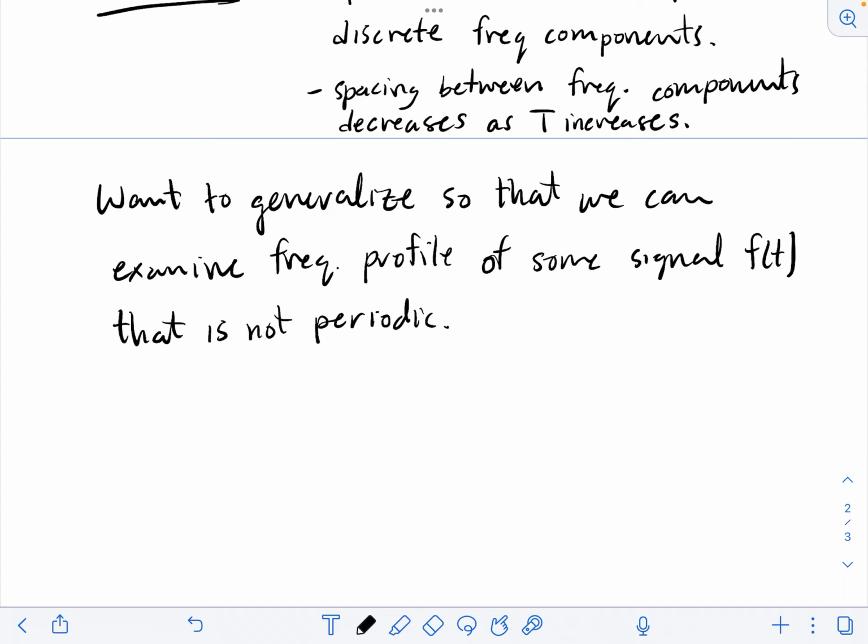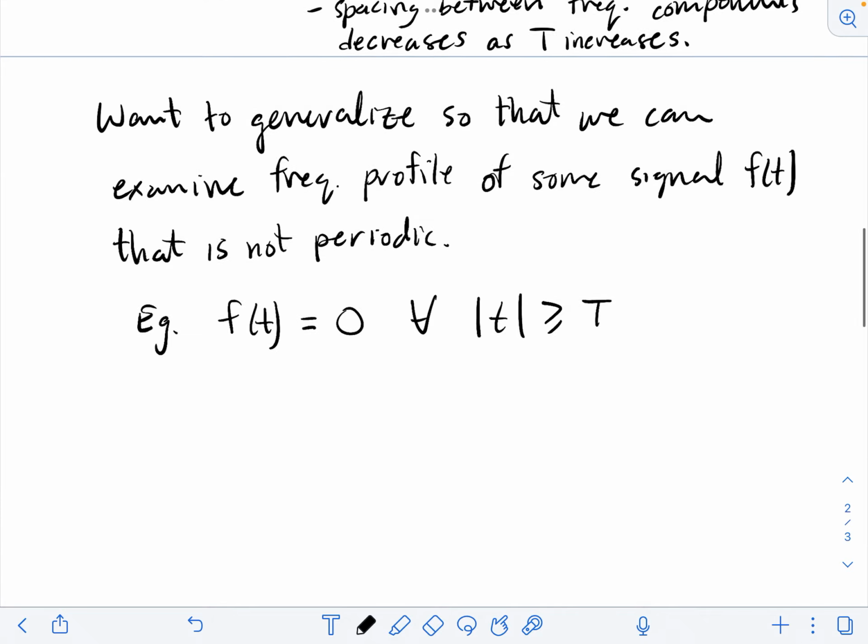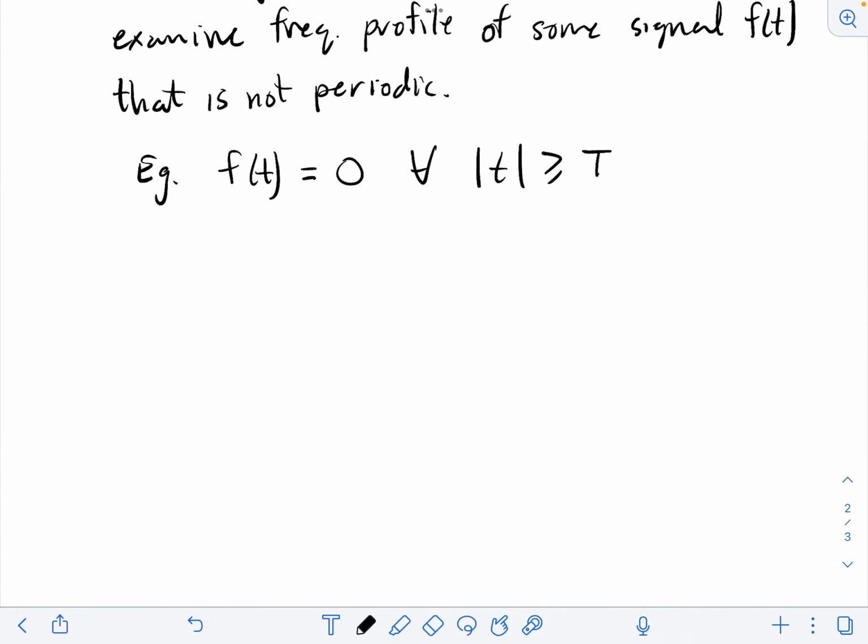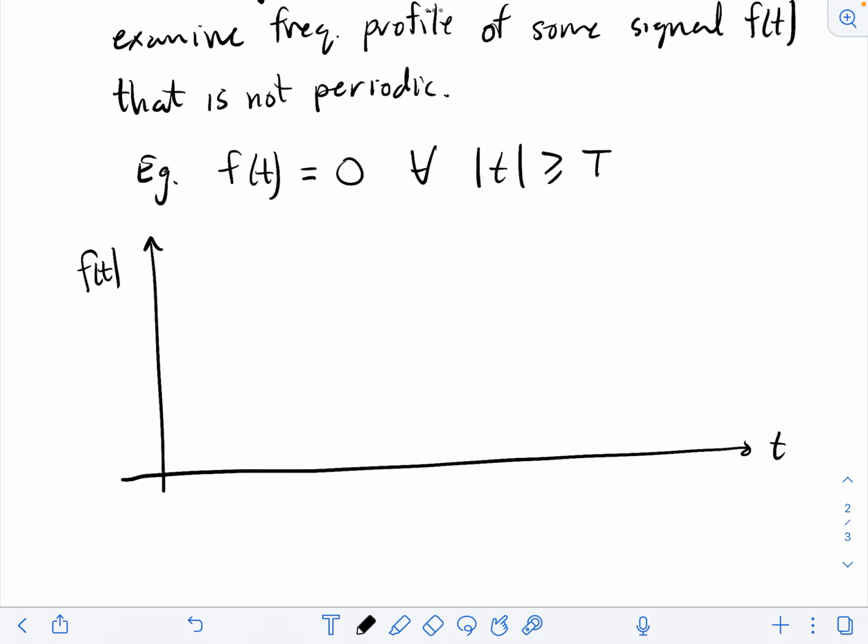So, for example, let's suppose that we have some f of t that is 0 for all absolute values of time that are greater than some capital T. And so what would that look like? So we might have something like f of t, and here's our time axis, and maybe our pulse, whatever it is, 0 in some range, and then it pulses up and it has whatever shape you like, and then goes down to 0.